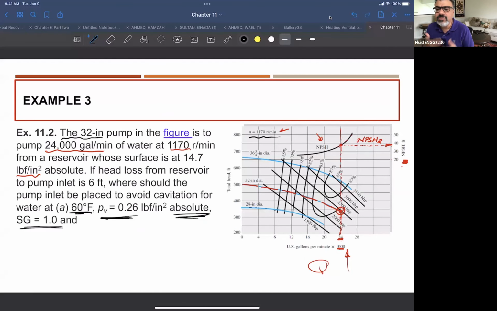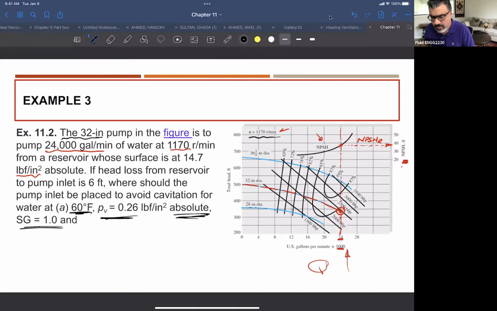Other pumps will have different values for the net positive suction head, depending on their design and so on. And that's why sometimes you are using what we call a submersible pump. You just put it down under the well, under the water. So it's going to be a submersible pump in order to operate, because once it is above the water level, cavitation will happen, or even the pump will not start.